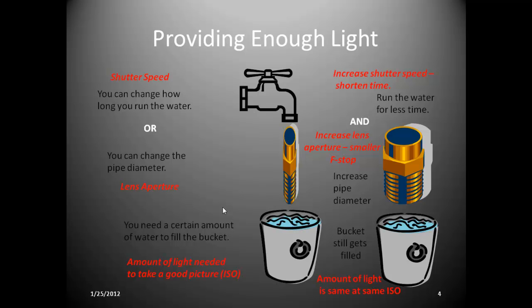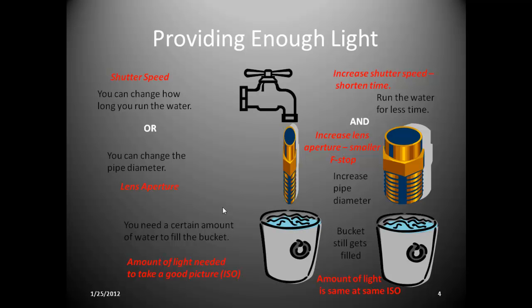Now, we measure the aperture in something called f-stops. There's a very precise meaning to f-stops that I won't worry about telling you about here. But the smaller the f-stop number, the larger the lens opening. The smaller the lens opening, the larger the f-stop number is.